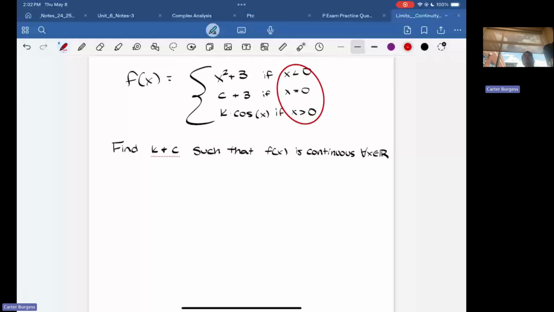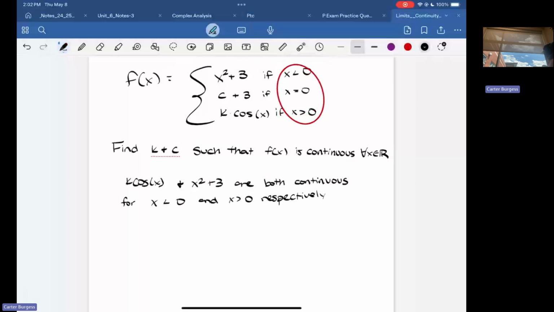But we would want some statement that, regardless of what k and c are, our function is continuous. We could note that k times cosine of x and x squared plus 3 are both continuous for x less than 0 and x greater than 0 respectively, because direct substitution works for all those x's.